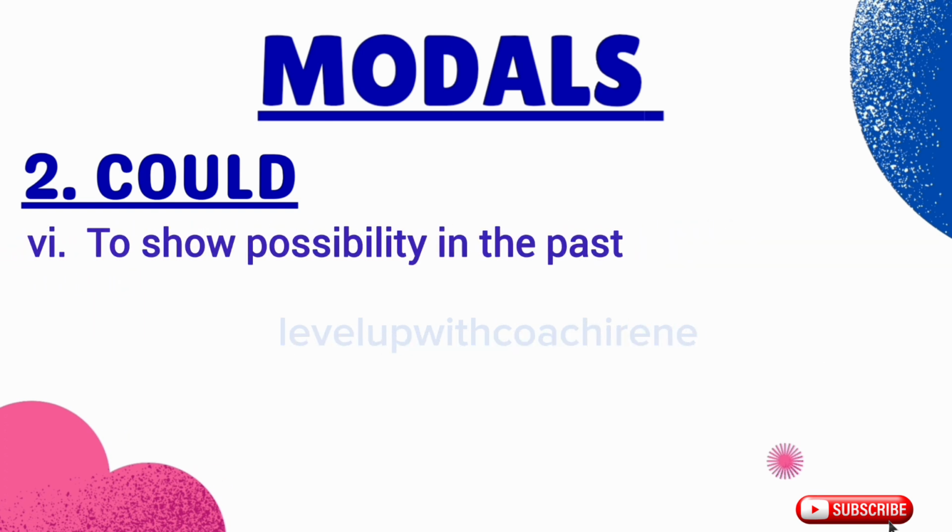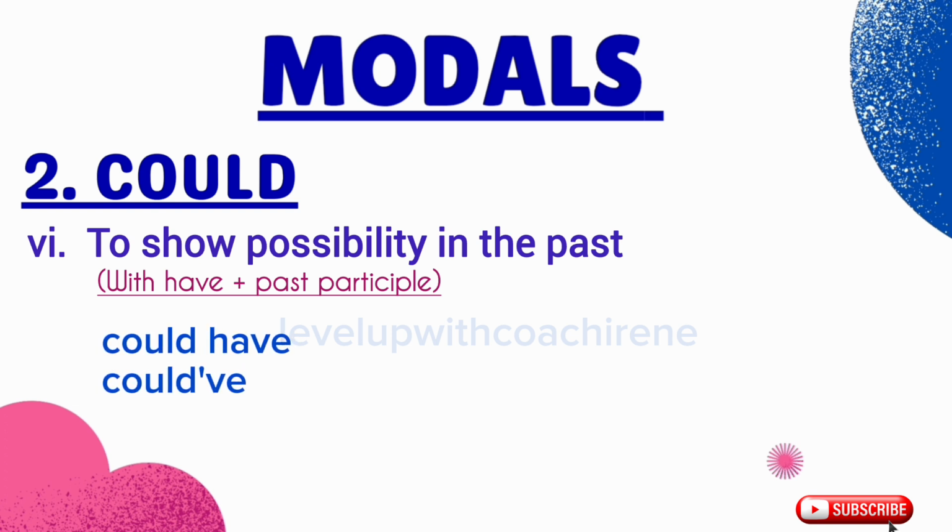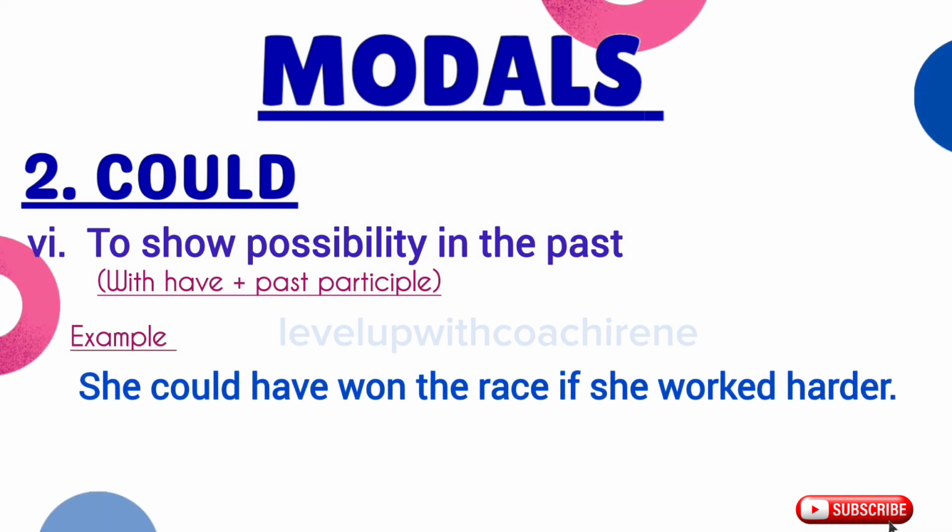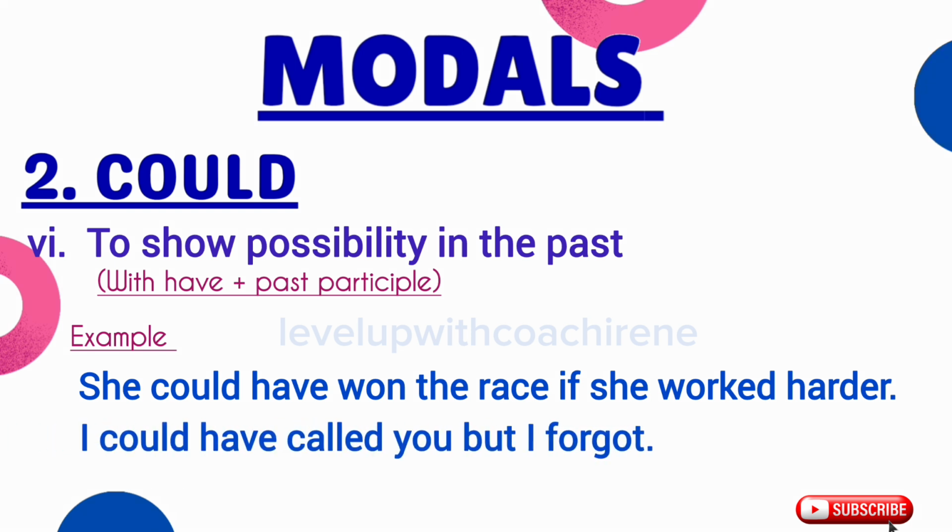Number 6, possibility in the past. That is, with have plus past participle. Could have refers to something that was possible in the past but didn't happen. For example, she could have won the race if she worked harder. I could have called you, but I forgot.